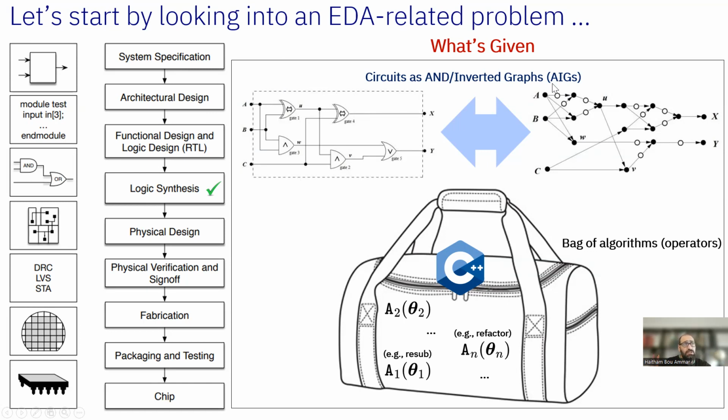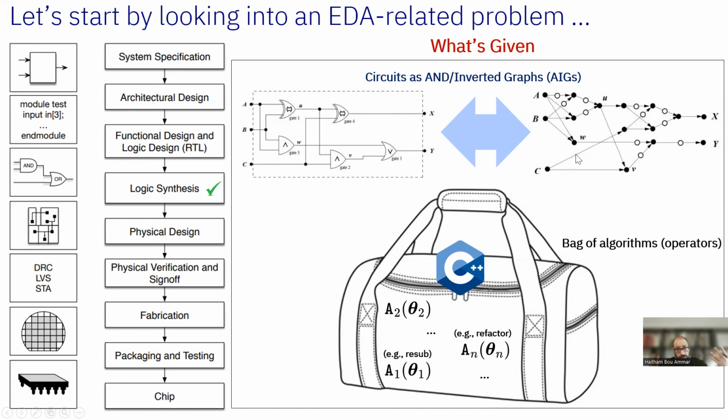Those AND inverter graphs are an equivalent representation of your circuit, but using a graph which only has a set of nodes that are AND gates or inverter gates, and they are connected together. Like how the circuit looks, you will have an equivalent AND inverter graph representation of it.